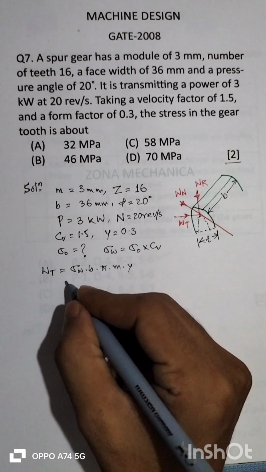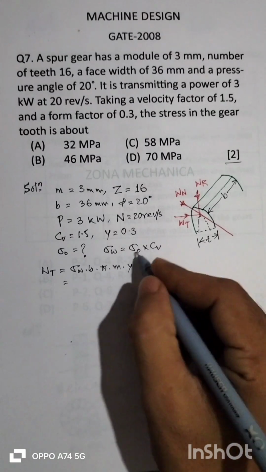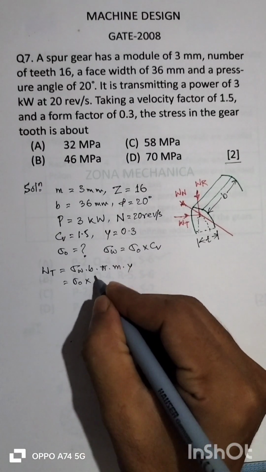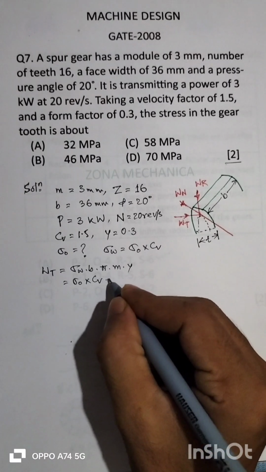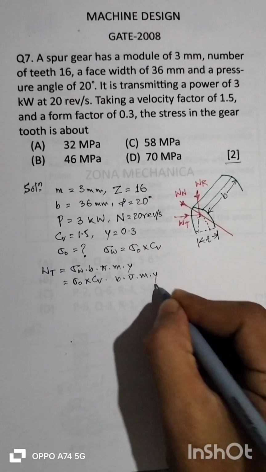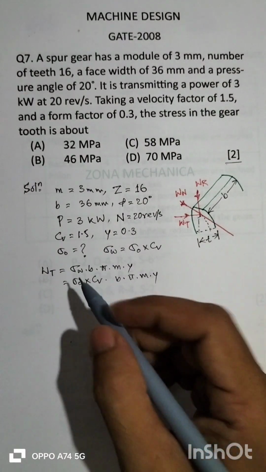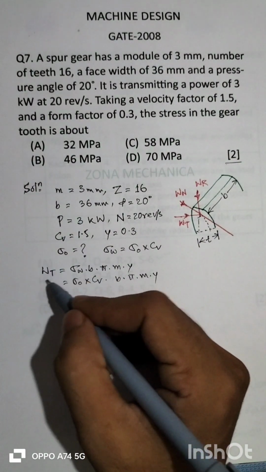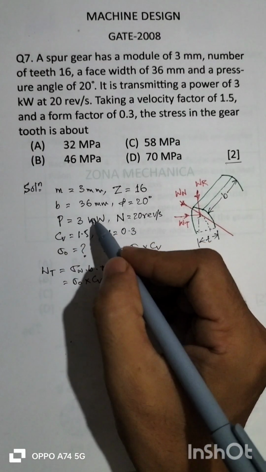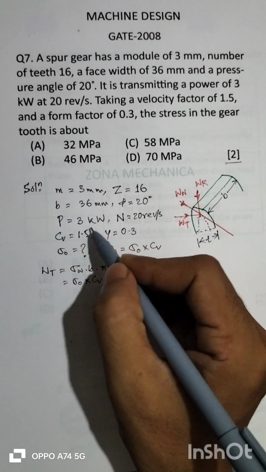So we can substitute sigma 0 multiplied by Cv multiplied by b pi m y. Now, how to calculate this Wt? We shall get this Wt from the power transmitted, P.